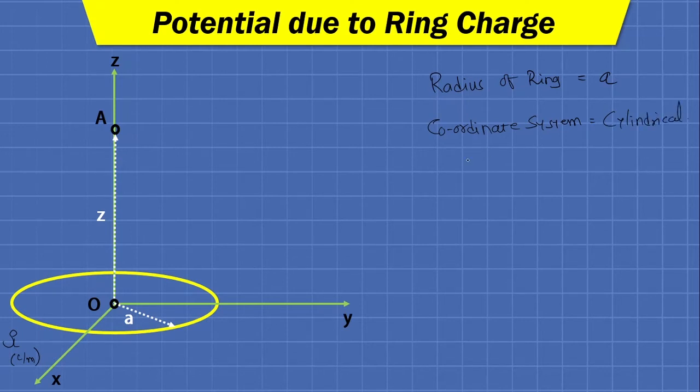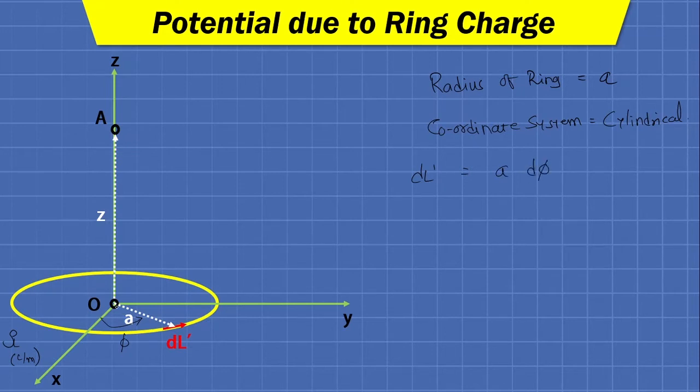So we are assuming a small differential length dl bar, and this length is in the direction of phi. In the cylindrical coordinate system, this will be phi, and the direction of this length is also phi, so I can write a d phi.